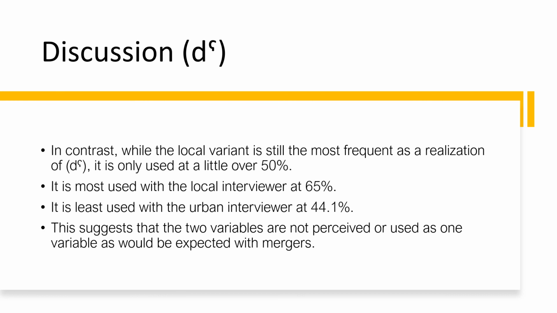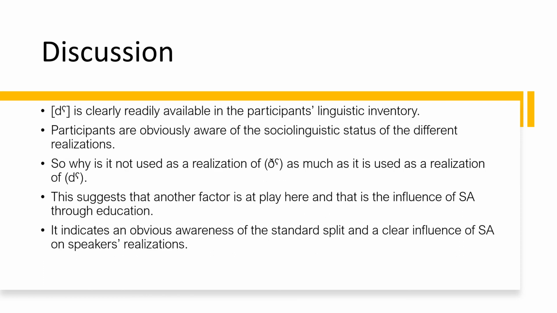It's most used with the local interviewer at 65%, so again less than it's used as a realization of da, and it's least used with the urban interviewer at 44.1%, so less than half the time basically, which suggests that these two variables aren't really perceived or used as one variable as would be expected with mergers. So they are separate. There is a split in the repertoire and in the awareness realization of these speakers.